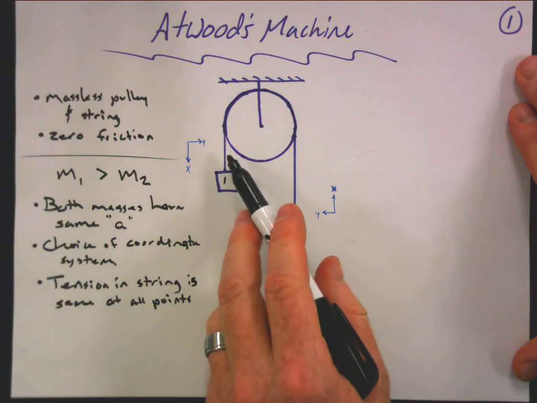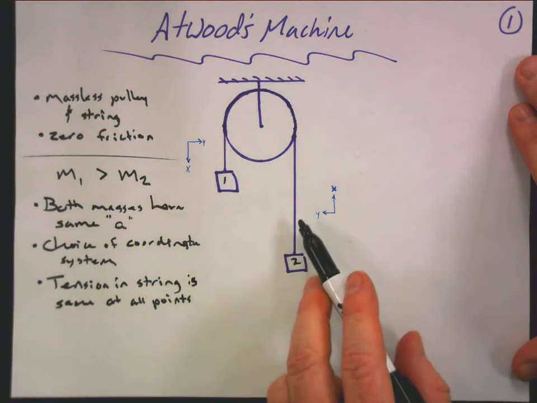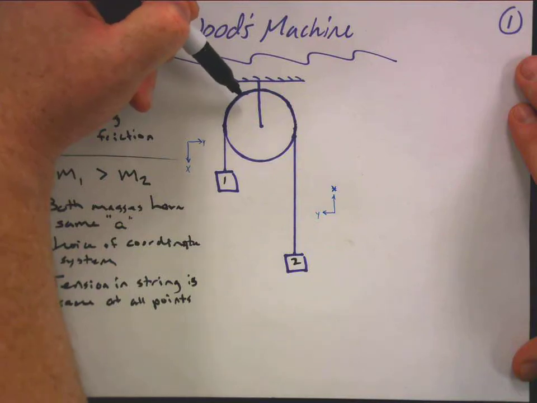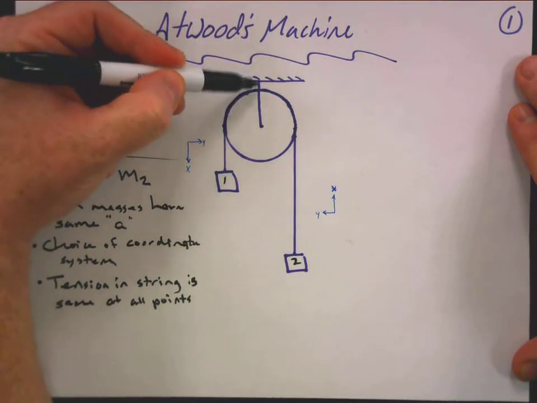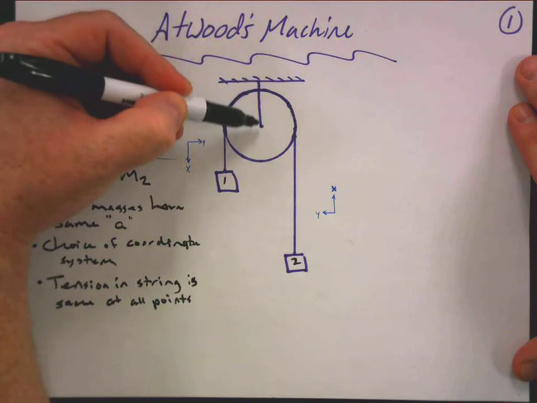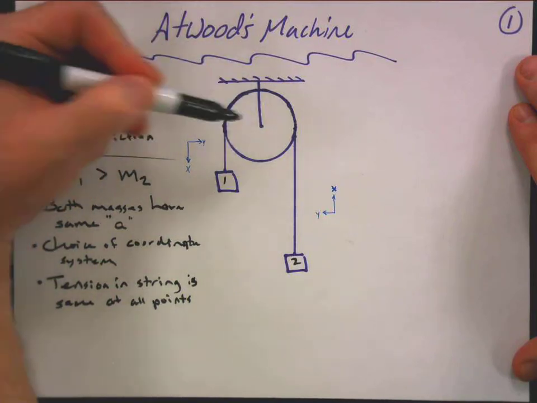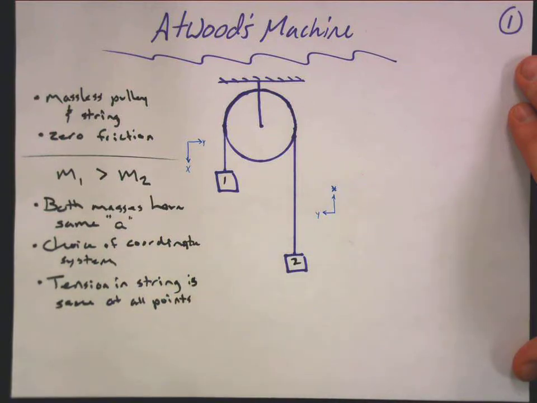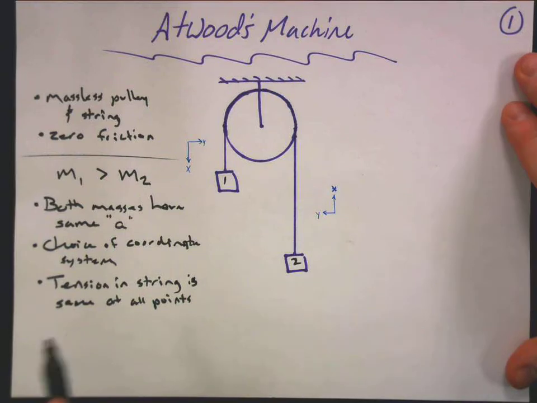The tension in the string here is the same as the tension here, is the same as the tension there, is the same as the tension up here on the pulley. Not talking about that thing. We don't even know if that is a string or if that's a bar or what. We're ignoring that. We're concerned with the string that is connecting the 2 masses only. And the tension is the same at all points. That totally matters for us.